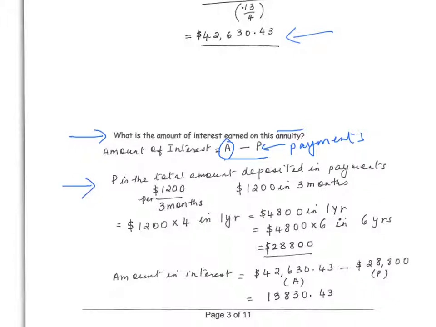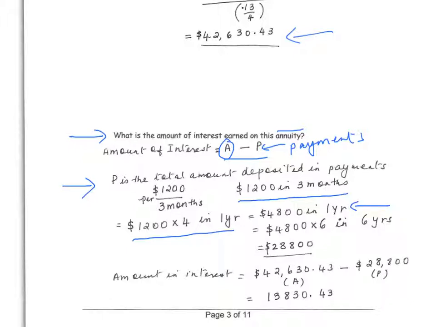Every 3 months we deposit $1,200. So the total amount of money we put into the account is $1,200 every 3 months. Now, in a year, there are 4 payments because every 3 months in 12 months would amount to 4 payments. So $1,200 times 4 is the total amount that we would put into the account in 1 year.